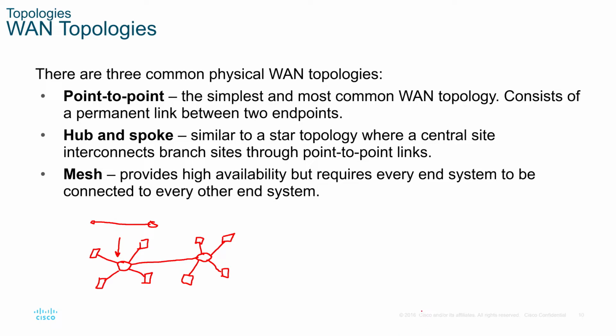A mesh topology provides high availability but requires every end system to be connected to every other end system, such as if I have 4 endpoints, each endpoint would be connected to each other endpoint.